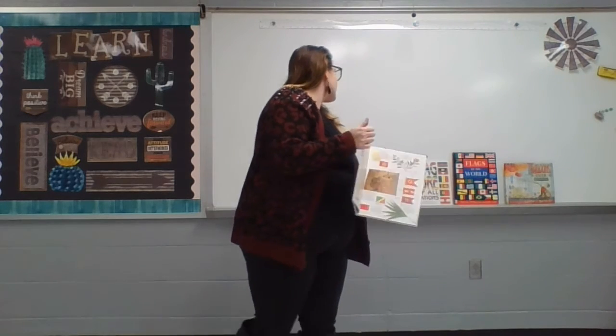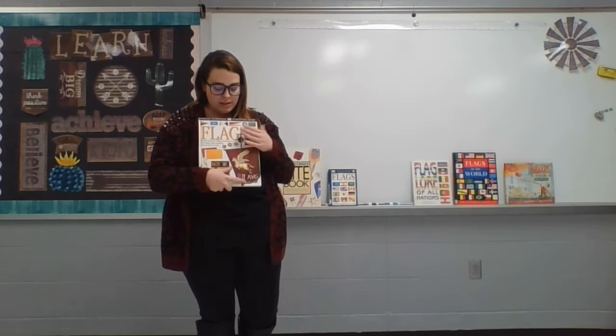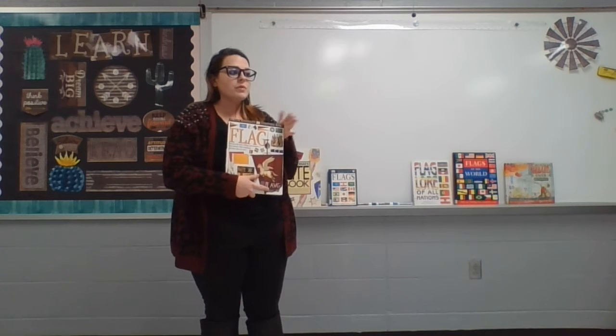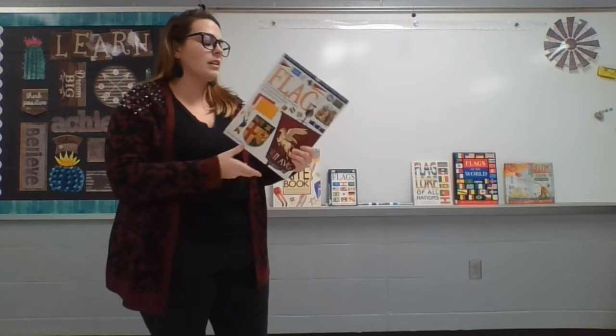I have 4 books here about flags that you can use. If you want to find another book about a culture, that's fine. We can go to the library and do that also. You might want to use some of the books that you checked out for ELA. Those might have some good information in them. They might not, but they might. Never know.